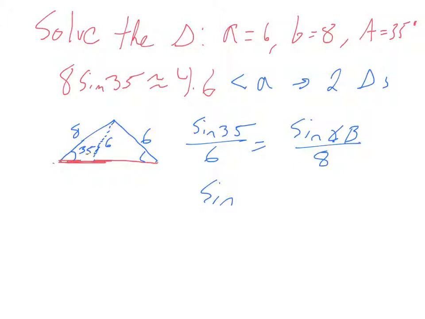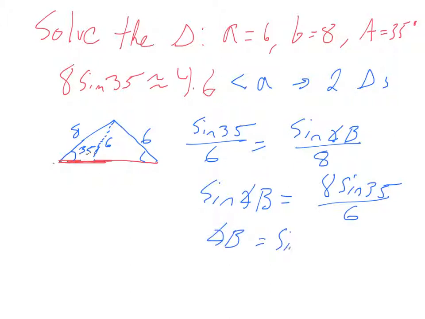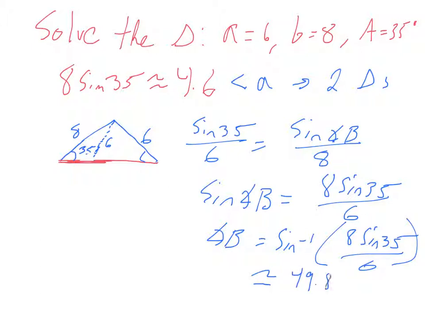So we get sine of angle B is going to be equal to 8 sine 35 over 6. And so angle B is going to be equal to inverse sine of that whole situation, 8 sine 35 over 6. And that's going to be equal to approximately 49.89 degrees.